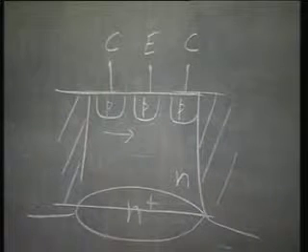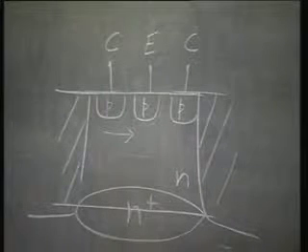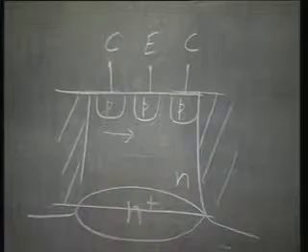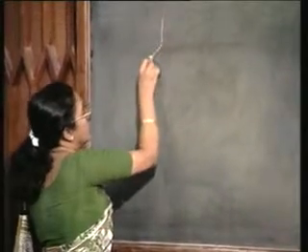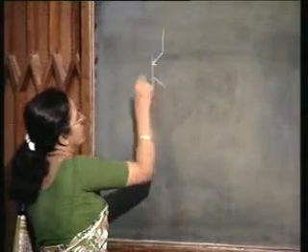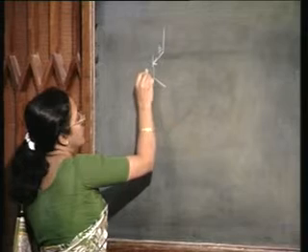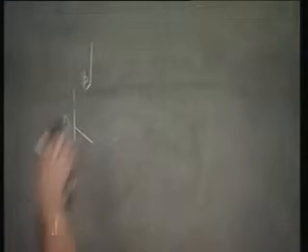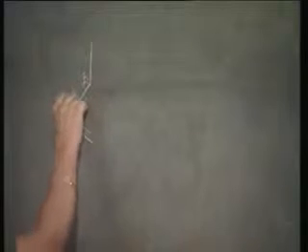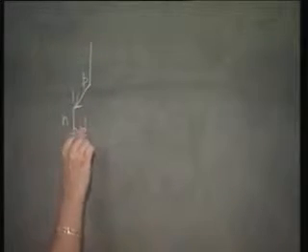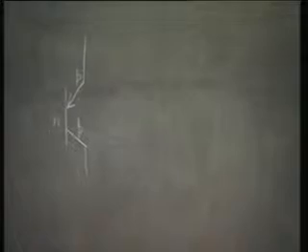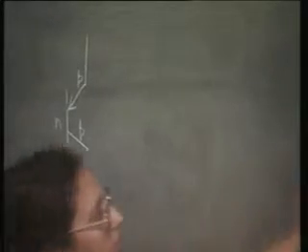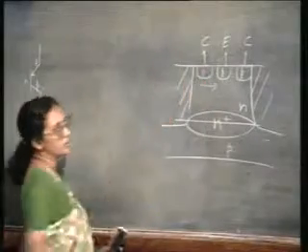What do I have? I have this collector P, then I have this base N, let us say this is the emitter P and this is the collector P. Base is N, emitter is P, collector is P.